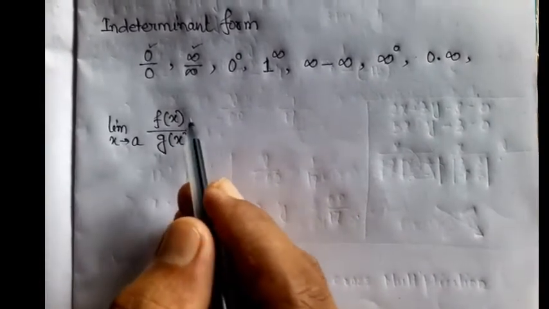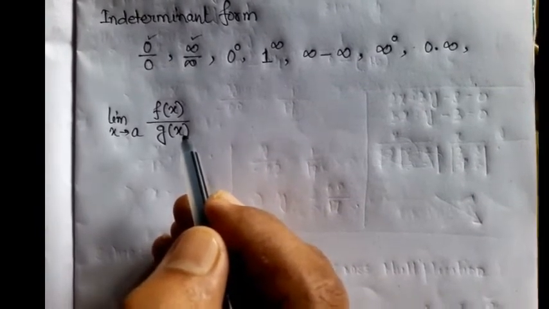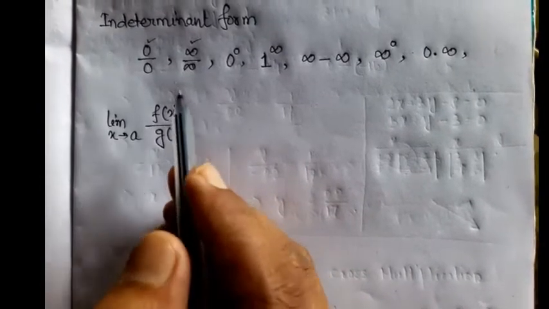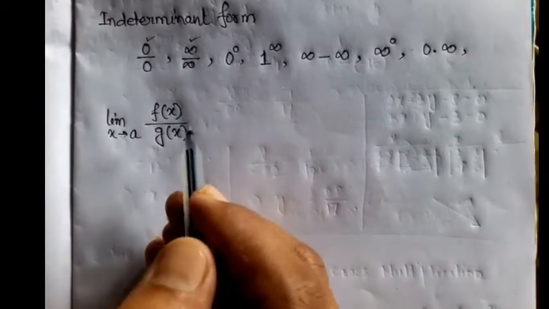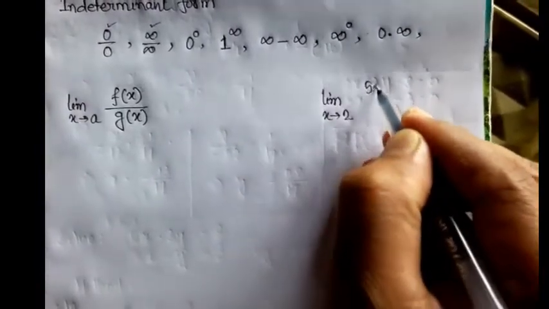If it is of the form 0 by 0 or infinity by infinity, then you can't do that. But if you get a suitable form other than these two, then you can do it. As an example, consider the limit x tends to 2, (5x plus 7) by (2x plus 3).